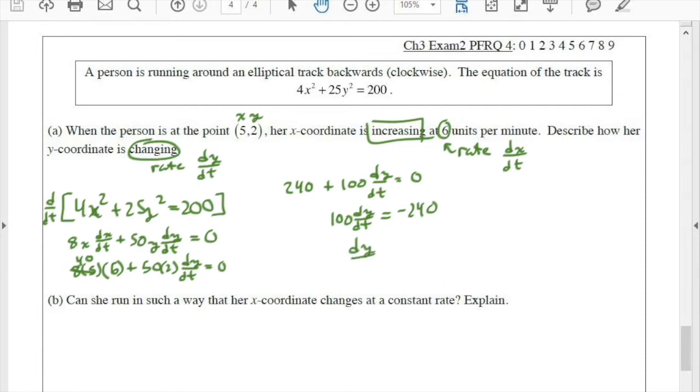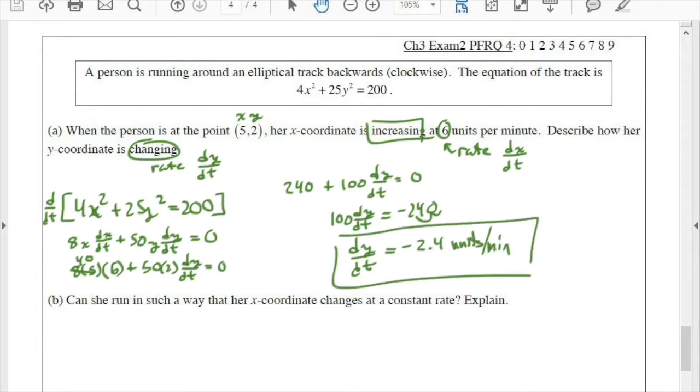I had dy dt. What's that divided by 100? Wouldn't it be negative 2.4 because you moved the decimal twice? And what is this? Units per minute. There you have it. Now, if it's changing by a negative rate, the y value is increasing or decreasing?